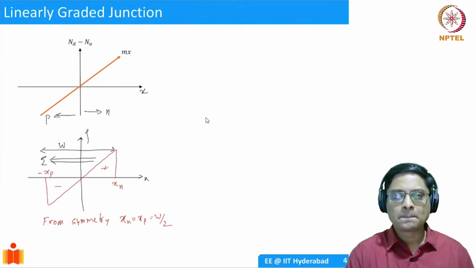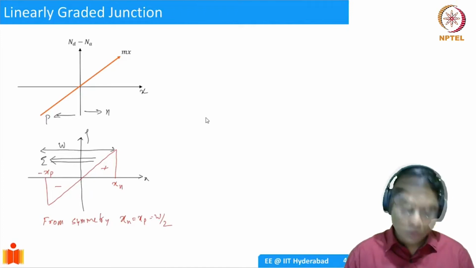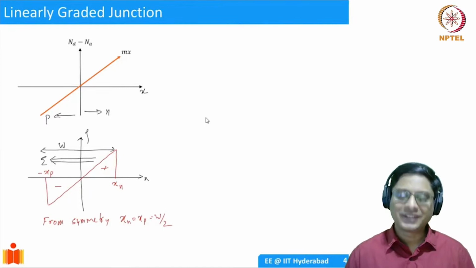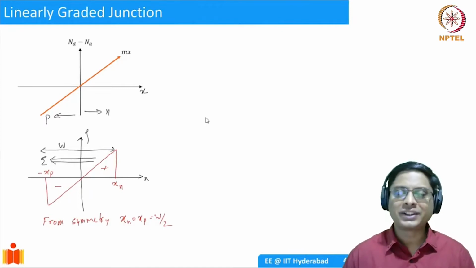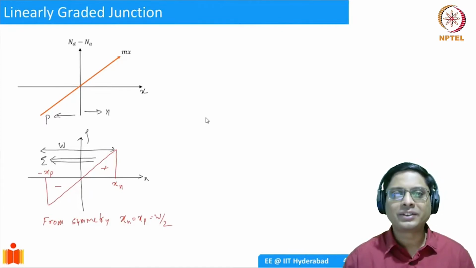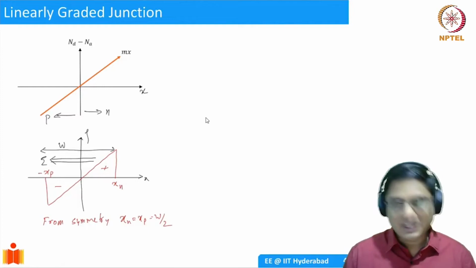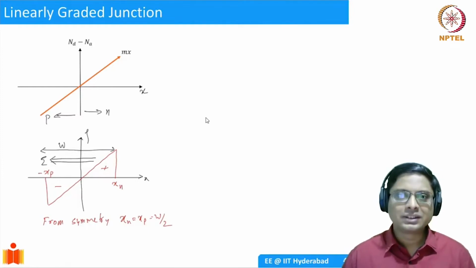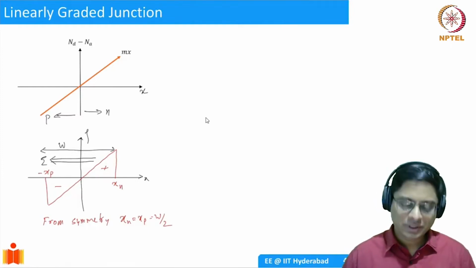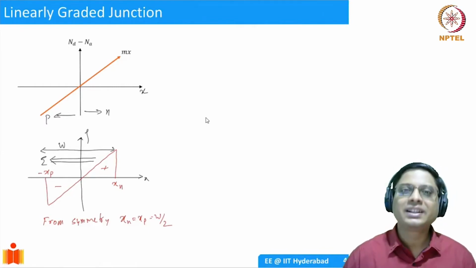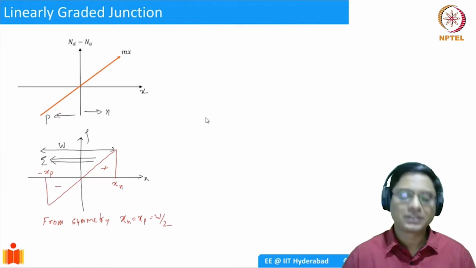So what would be the functional form? This is where a small variation comes. In the abrupt junction case, we saw that the electric field was triangular in profile, with a negative value. What will happen here? Well, anytime we are asked to look at electric fields, we go back to the fundamentals. How did we get the electric field? We get electric field from the Gauss law, right?